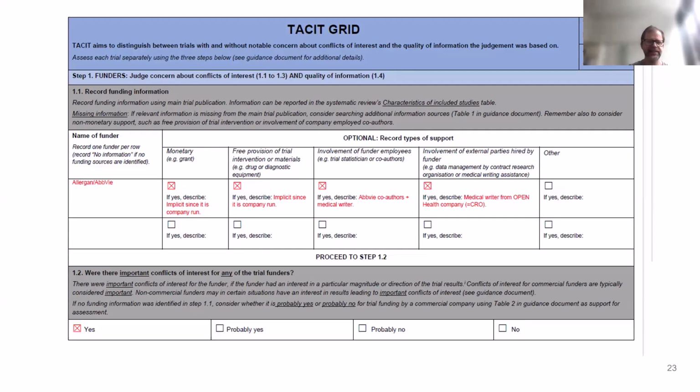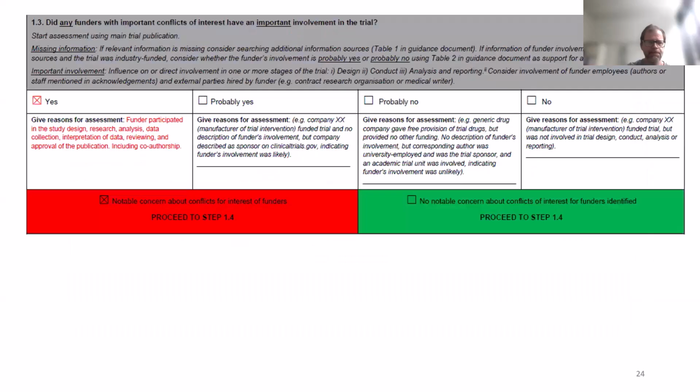In this case, the trial was funded by the manufacturer of the intervention, a commercial company that has a very high interest in the trial having a favorable result. So you say that you think the conflicts of interest of the funder are important, and you click yes here in your guidance question.